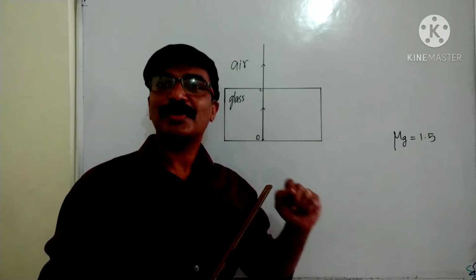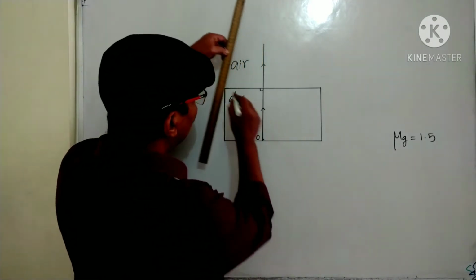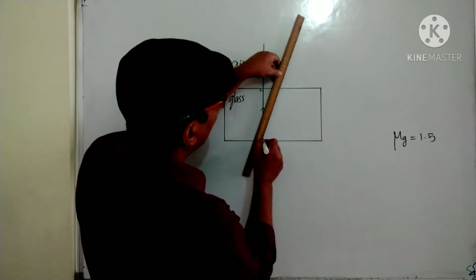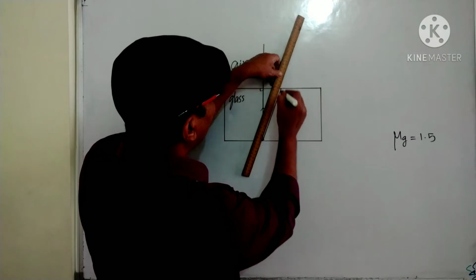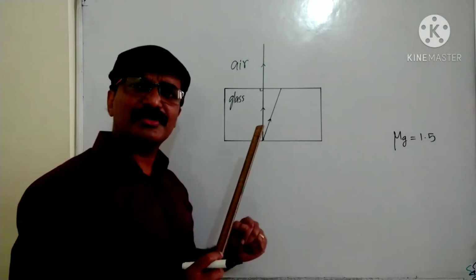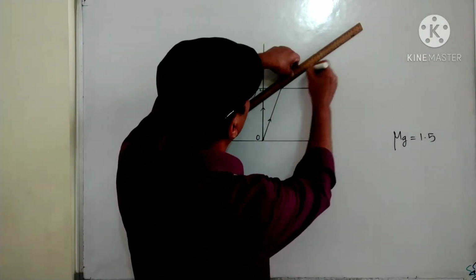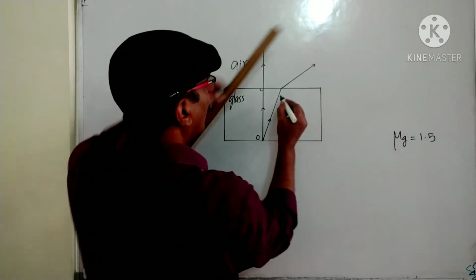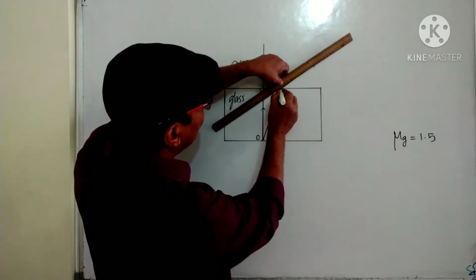Now, what we can do? We will take another ray which falls obliquely on the interface. Okay. From there, it bends away from the normal. So we will draw this way. Well, and you will produce this refracted ray backwards, like this.